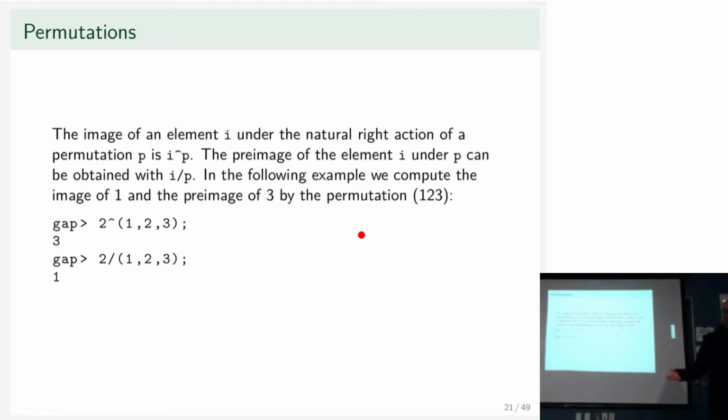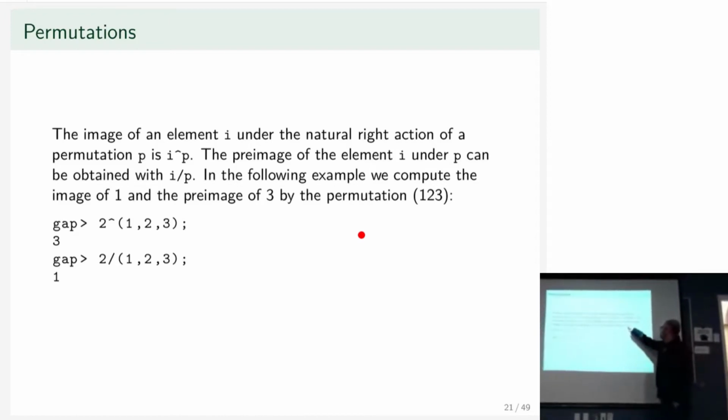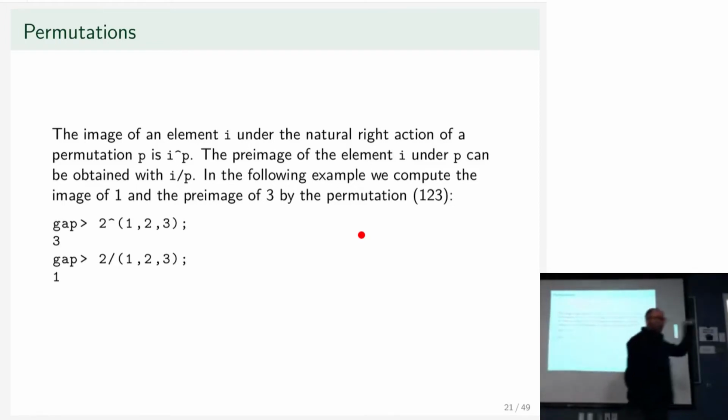Of course, this is a convention, but if you are clever enough when you choose the convention, then multiplying permutations is very, very easy. So we are doing this convention. 1 goes to 2, 2 goes to 3, 3 goes to 1. So what is this? Well, 2 goes to 3, right? And the pre-image, of course, is 1, because the guy that gets 2 after applying the permutation is 1. Okay? Very good.